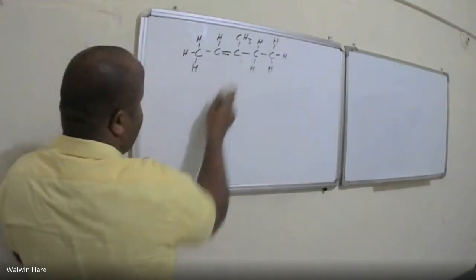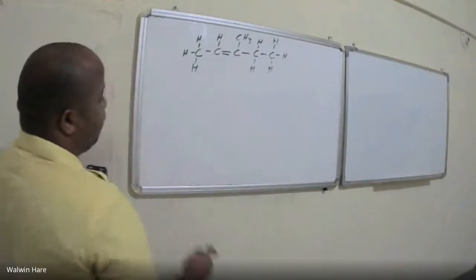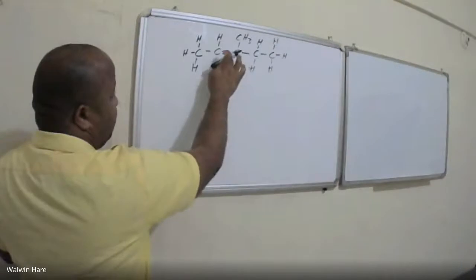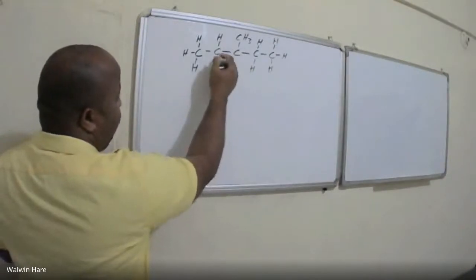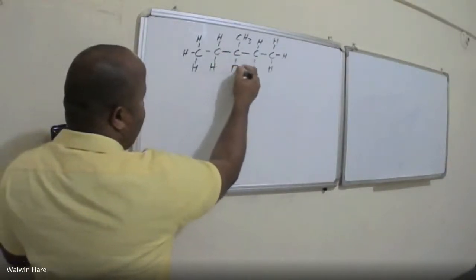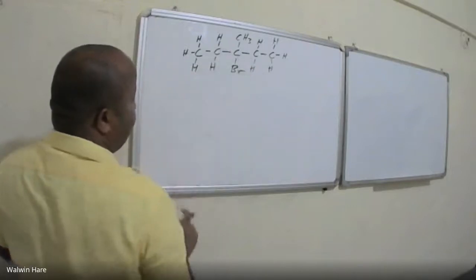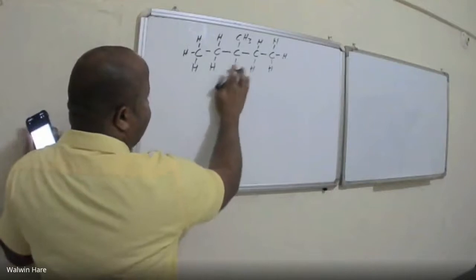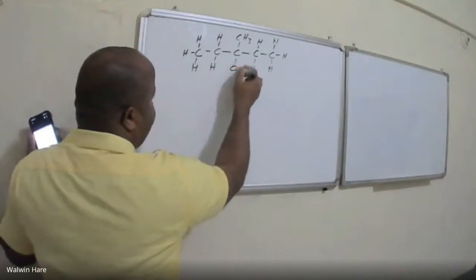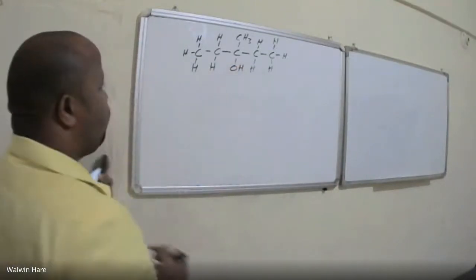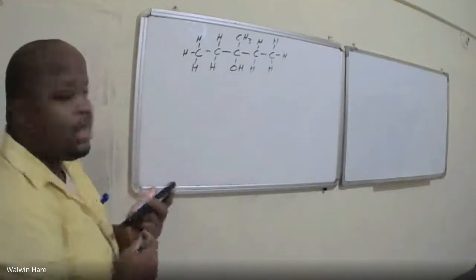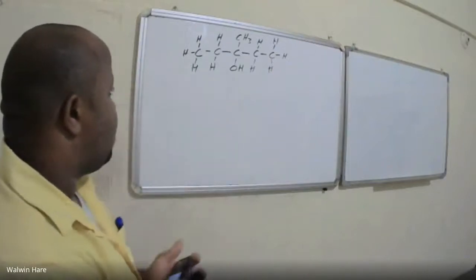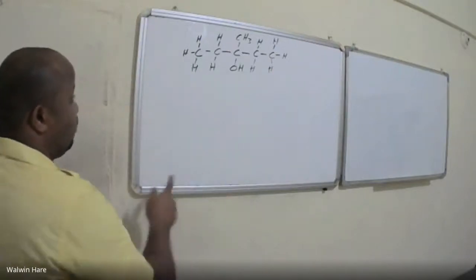So the double bond was here, right? And when we add the HBr, the bond was broken, and the H was here, and the Br was on this carbon atom. And in nucleophilic substitution, the OH would have replaced the Br, and so we would have ended up with the alcohol. So the question is, what kind of alcohol is this?